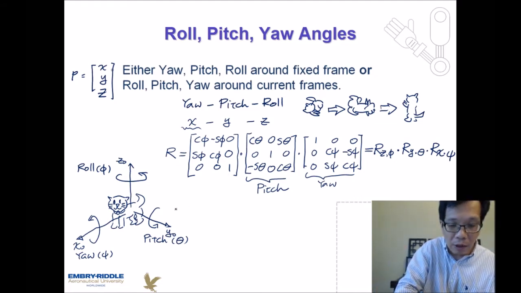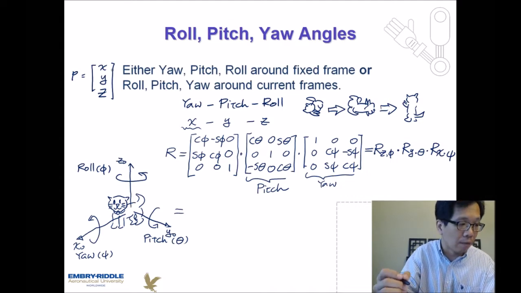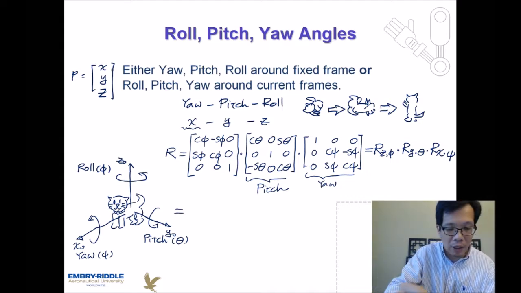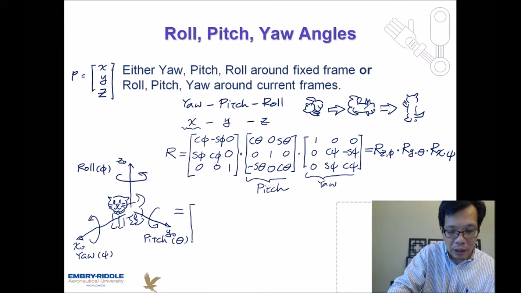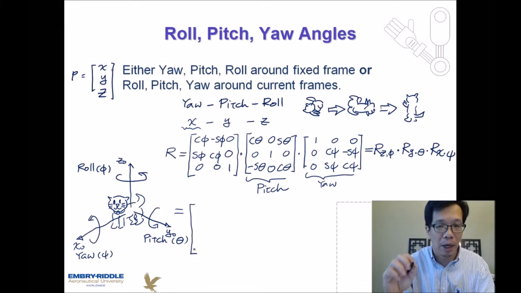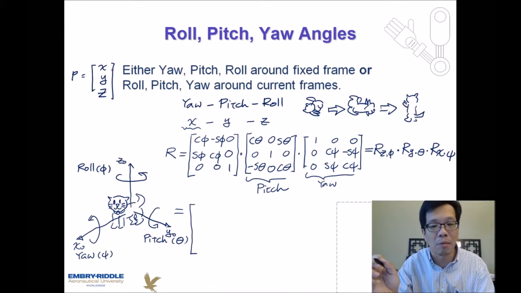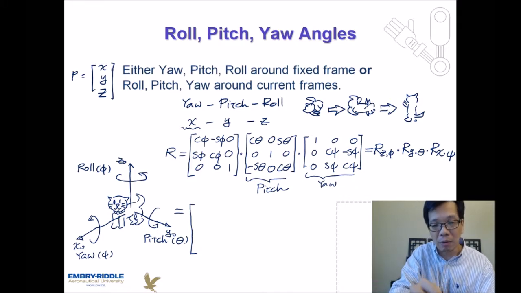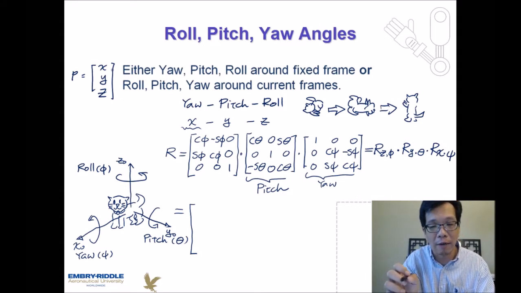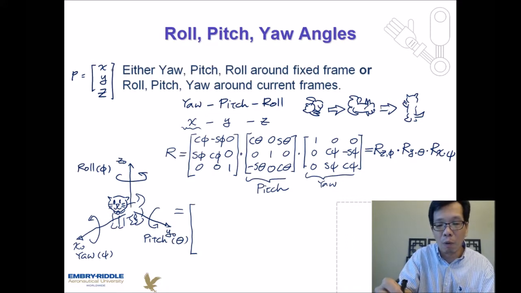If you compute everything using MathCAD or MATLAB or anything like that, this is a 3 by 3 matrix. Sometimes it might be convenient, if we know the sequence is going to be in this specific order, to just use one big matrix to do all the calculation. But if you don't have the specific order, then you might need to figure out the correct sequence, then attach the matrices in the correct order.